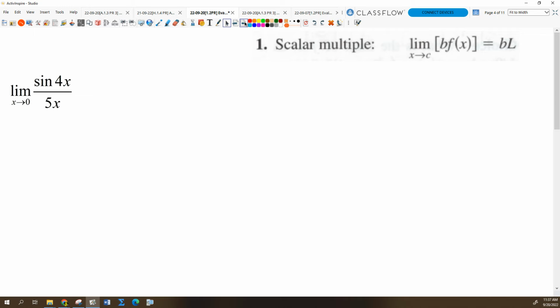That would work. I'm going to suggest maybe a slightly easier way to think about this. If I multiply by 5/4 divided by 5/4, I have multiplied by 1 by the identity property of multiplication.